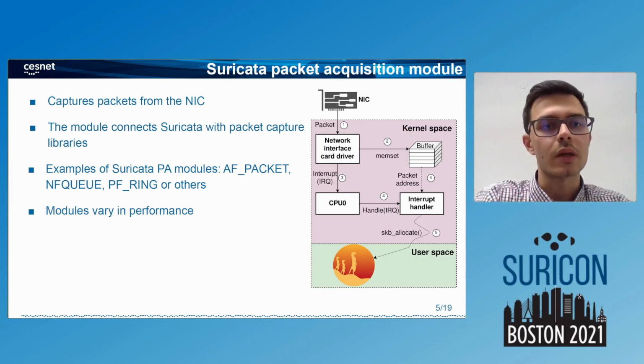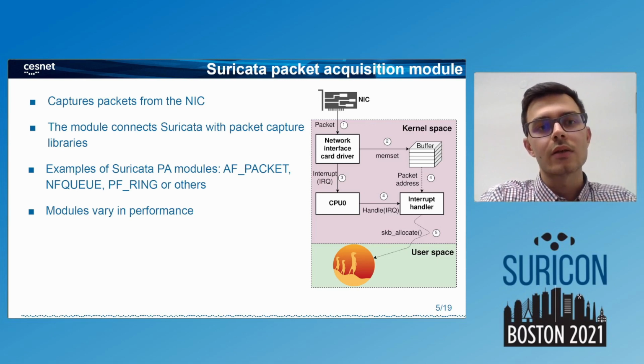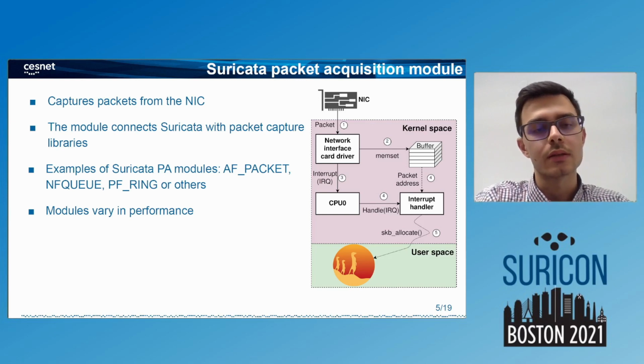There is a quite complicated path for how a packet gets from the NIC to Suricata, but we don't need to go too much into detail. It goes through the kernel space, where the Suricata capture method or module receives the packet and moves it to Suricata itself.